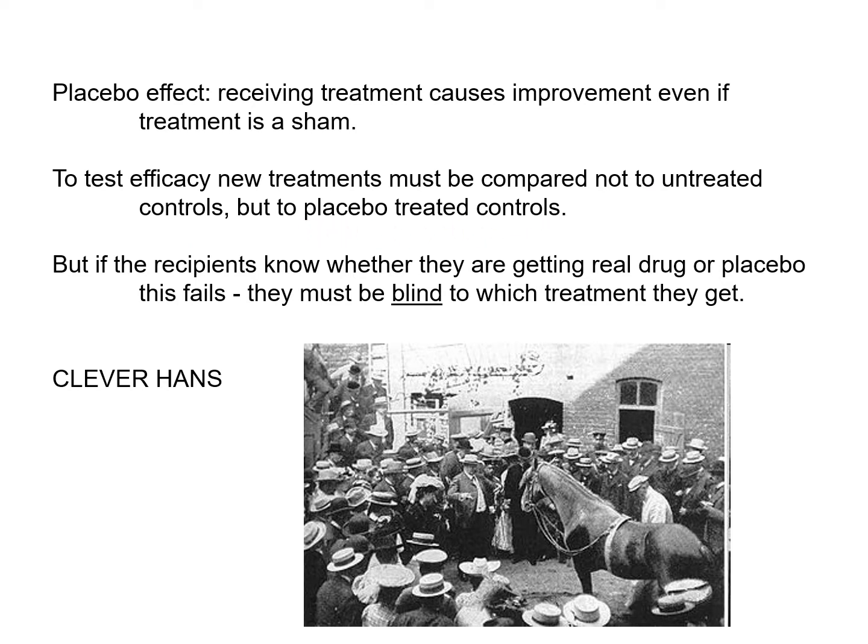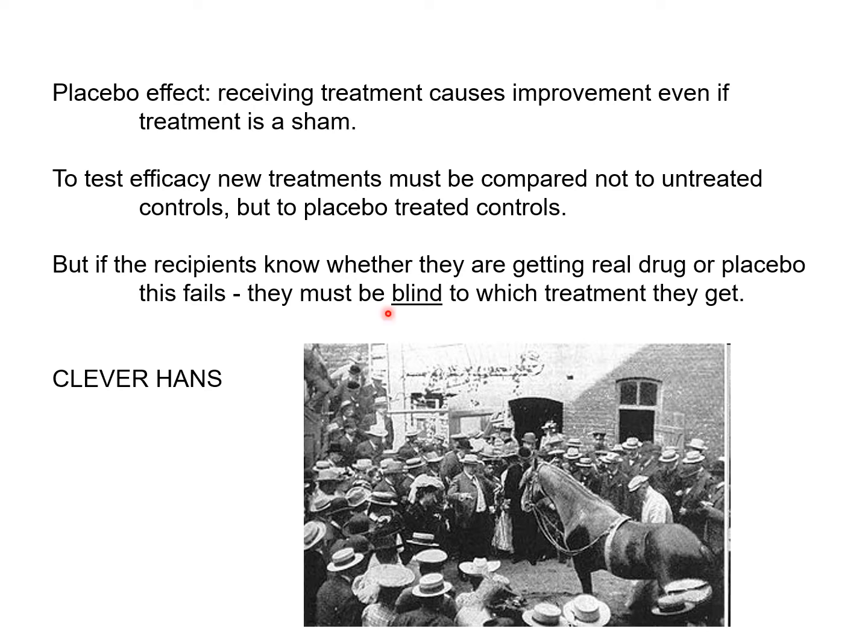The appropriate control is not someone who's getting nothing, it's someone who thinks they're getting the same thing as the drug, but are in fact getting nothing, or nothing chemically active. But if the recipients, or the people getting the drug, know whether they're getting the real drug or the placebo, then this whole process fails because they would be able to identify what's going on.